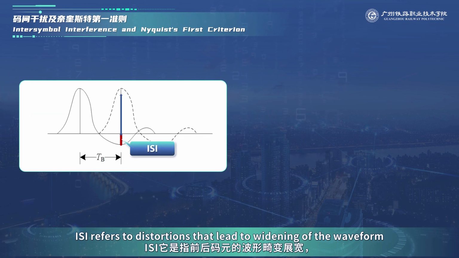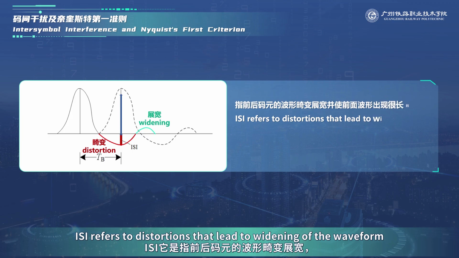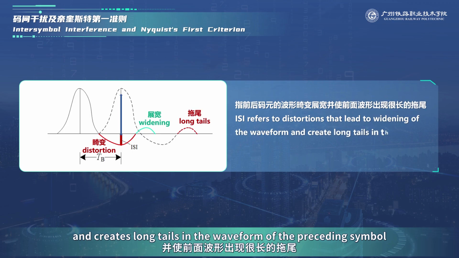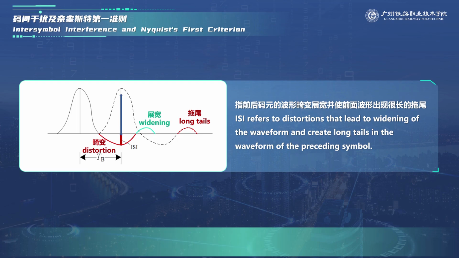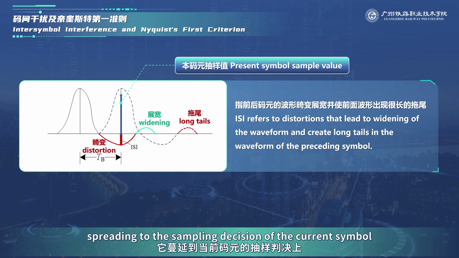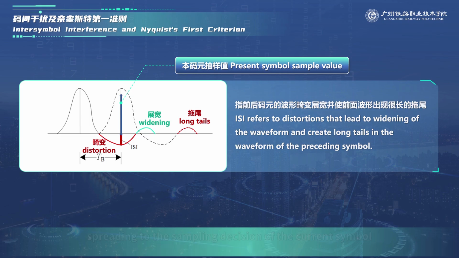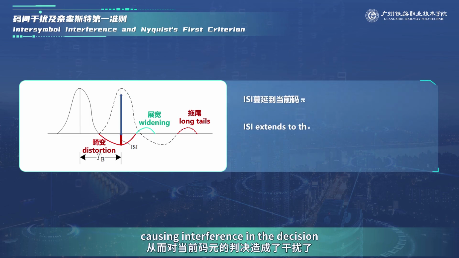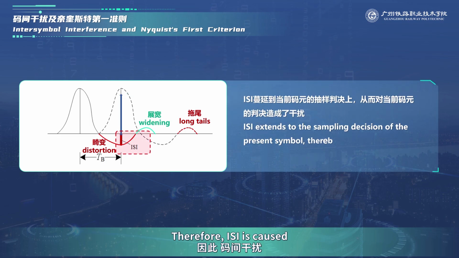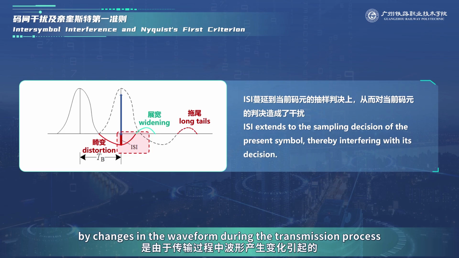ISI refers to distortions that lead to widening of the waveform and create long tails in the waveform of the preceding symbol, spreading to the sampling decision of the current symbol, causing interference in the decision. Therefore, ISI is caused by changes in the waveform during the transmission process.